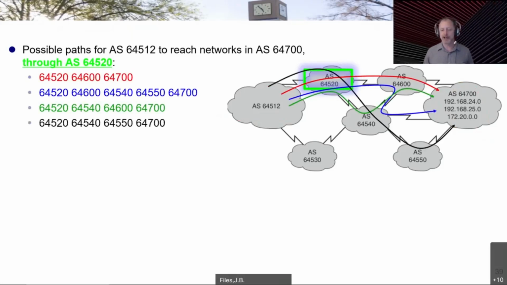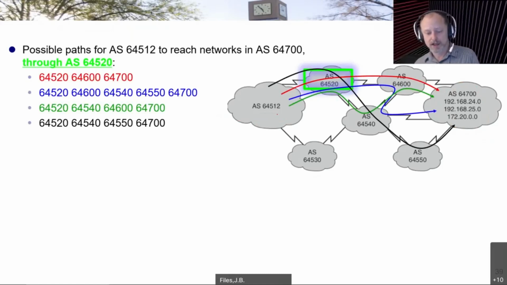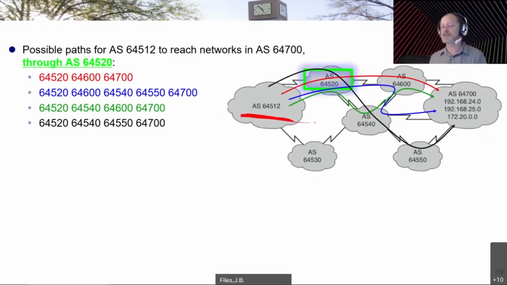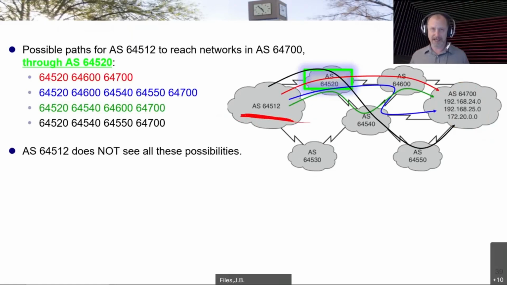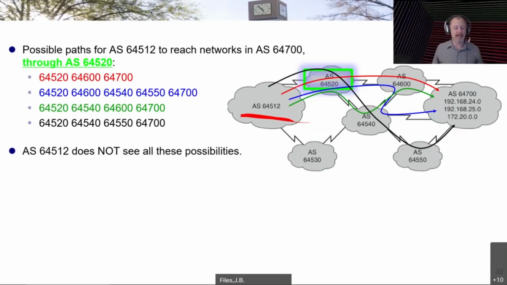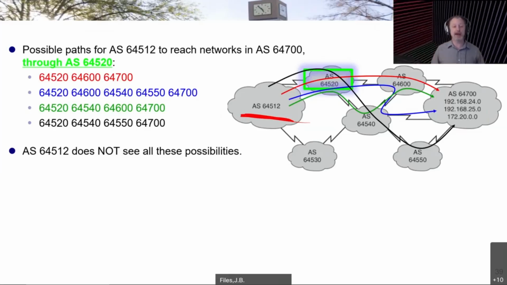And of course, here's another path. However, this autonomous system over here does not see all of those paths, because if it did, that would be like saying each autonomous system sees every possible path to every possible destination on the planet. Clearly, that's not going to work.